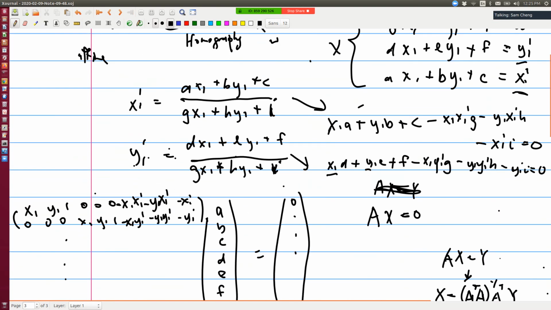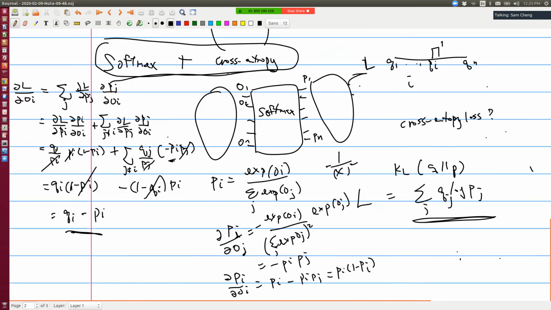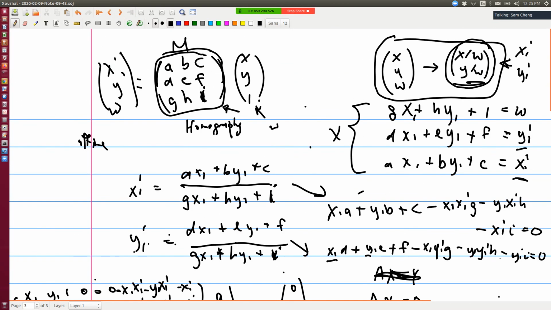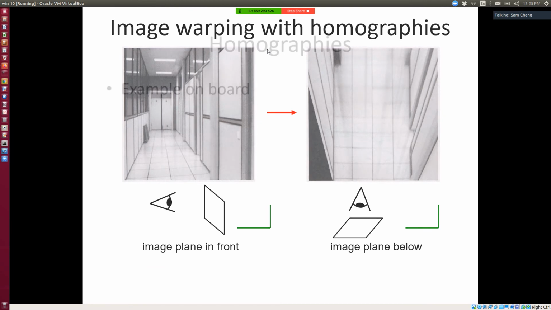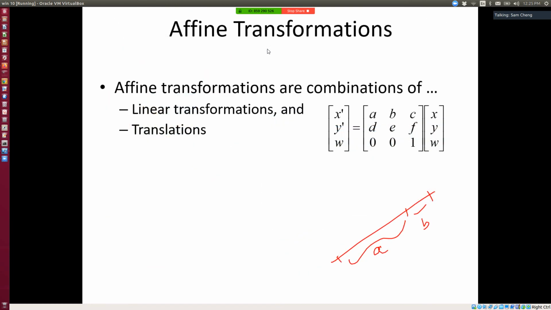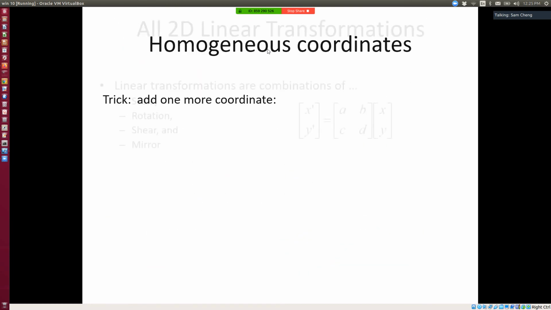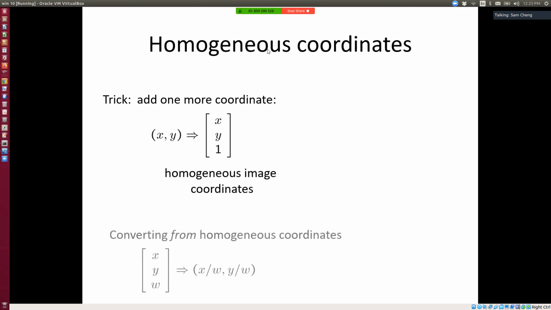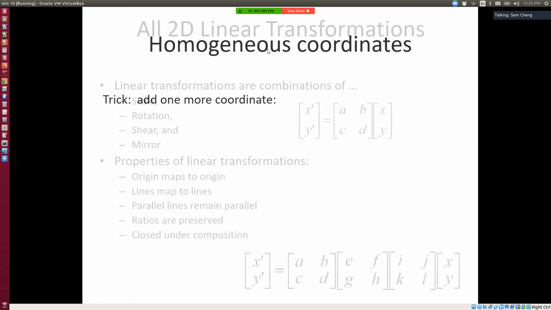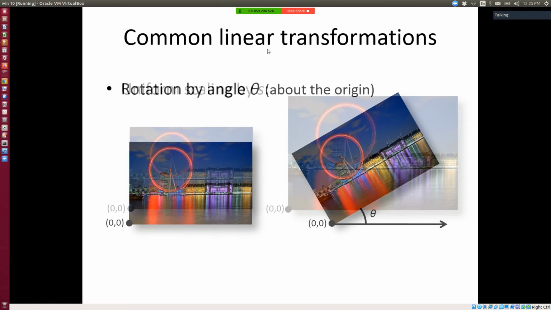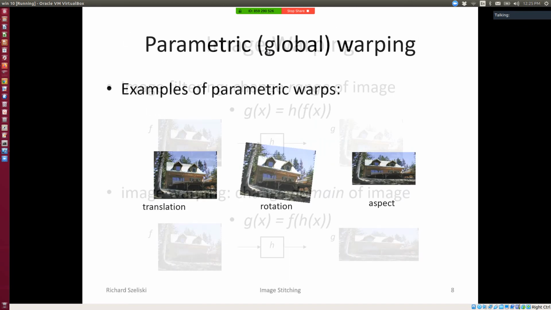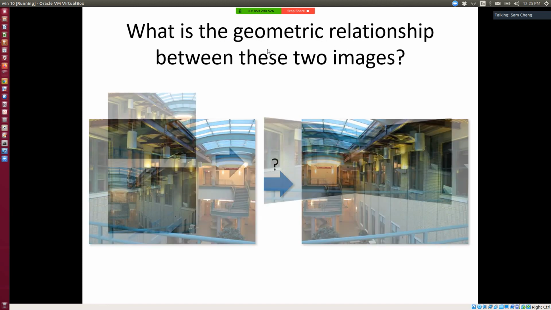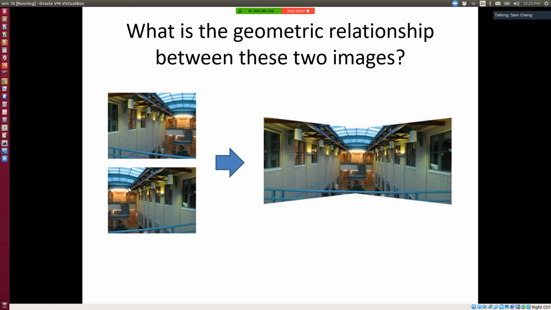So what we're trying to do again is map. So maybe I go back to one of the screens here. Say we are going to try to do some stitching here.